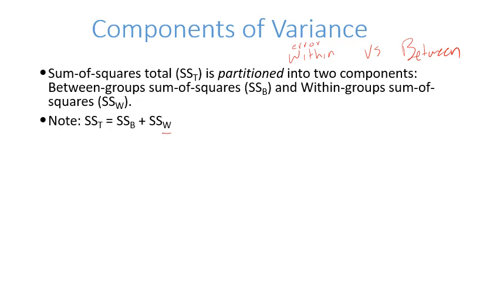Any differences I find between people within each of those groups, like the 20 people in the placebo group, are essentially error, because that's not differences due to my treatment, that's just differences in the population, differences in people.